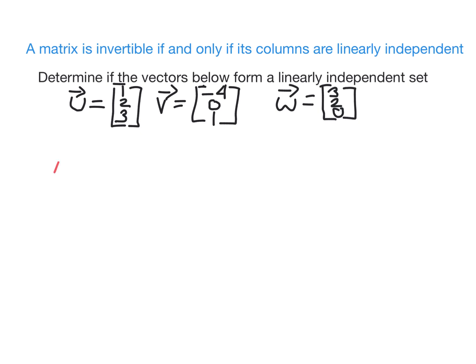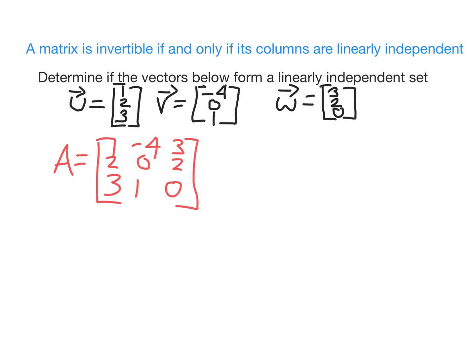Well, what we're going to do is combine them into a matrix A, and its columns are going to be u, the first column, v, the second column, and w, the third column. Realistically, it matters not at all whether you switch around the columns and have v, w, u; we'll still get the same answer. So how can this help us?